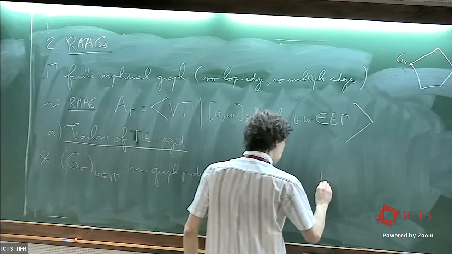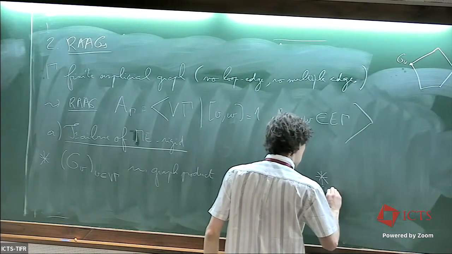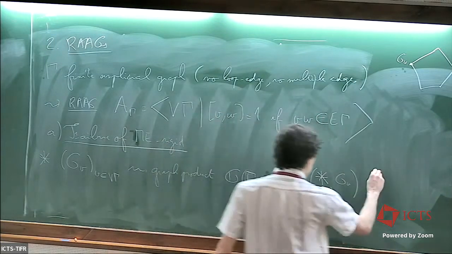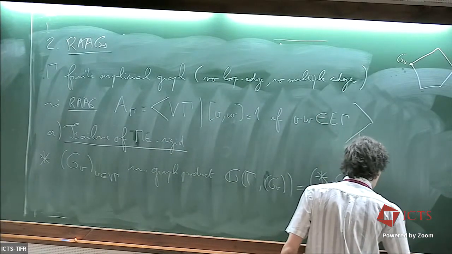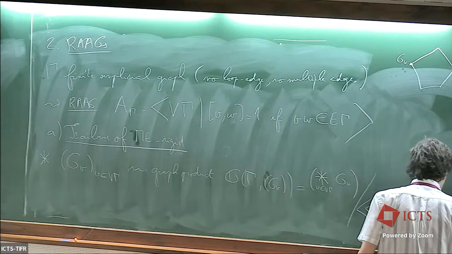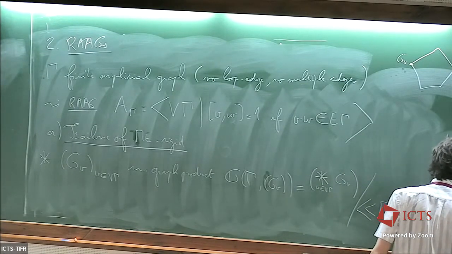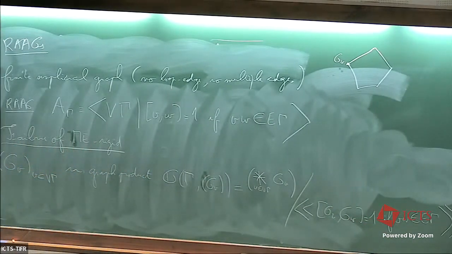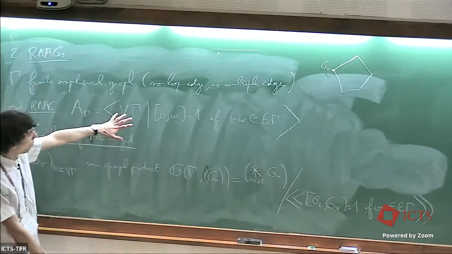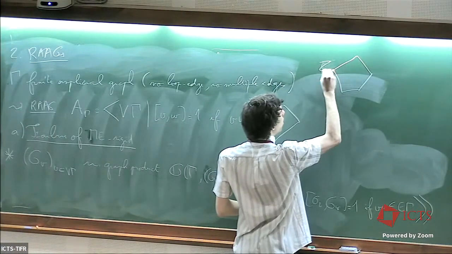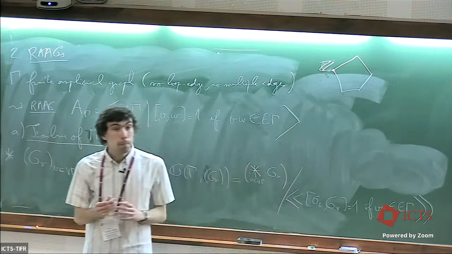So you start with the free product of all GVs, and then you declare that GV and GW commute if V and W are joined by an edge. This is a generalization of RAAGs, where right-angled Artin groups are graph products in which every vertex group is just Z.